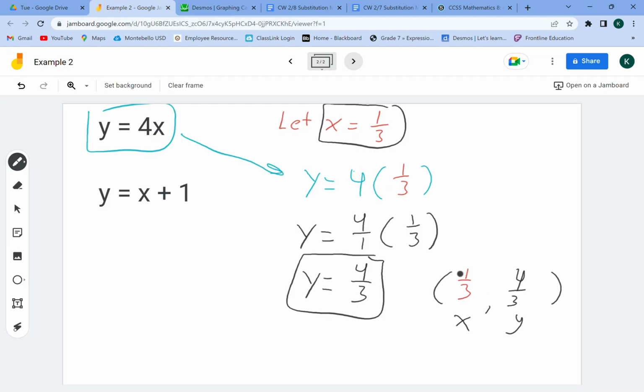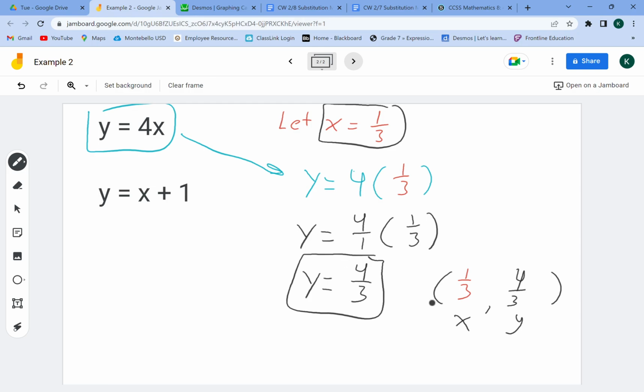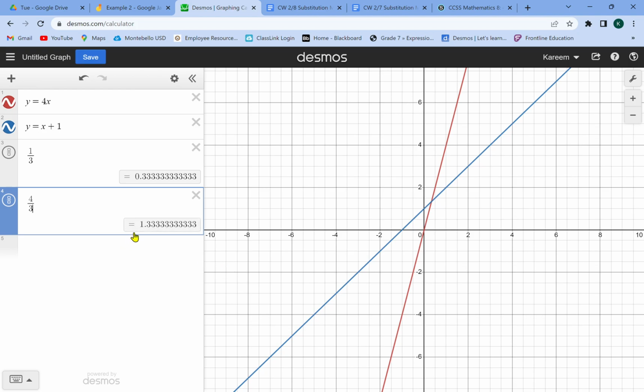So we want to check if this is correct. For 1/3, on the side here I put 1 divided by 3, and notice that it's 0.333, which matches the decimal right here. Then I check 4/3: 4 divided by 3 is 1.33, and it repeats the 3. So if I click here, notice that I do get the same answer.